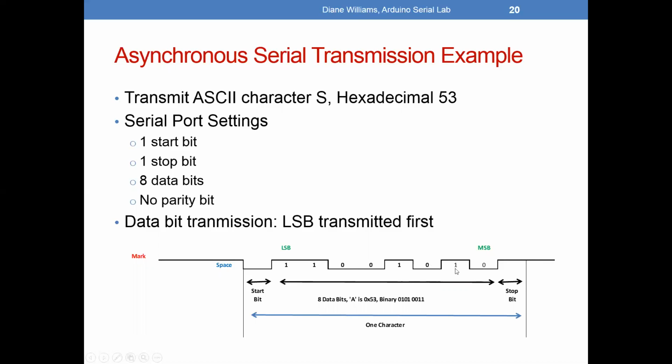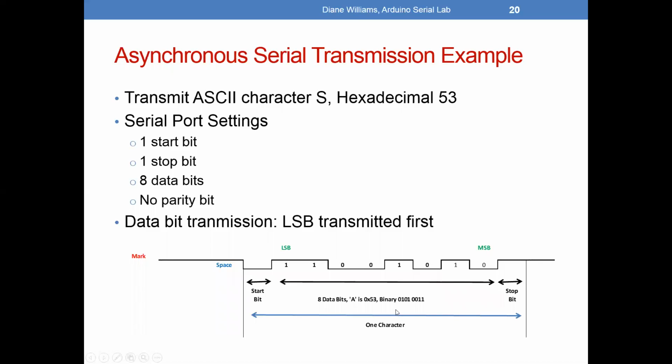There's 0101, that's 5, that's 3. But the least significant bit is transmitted first, then the next, then the next, all the way. The most significant bit is the last of the data bits transmitted, and then finally a stop bit is transmitted. The stop bit is high. The start bit is low, the stop bit is high. And that's one character or one frame of information.